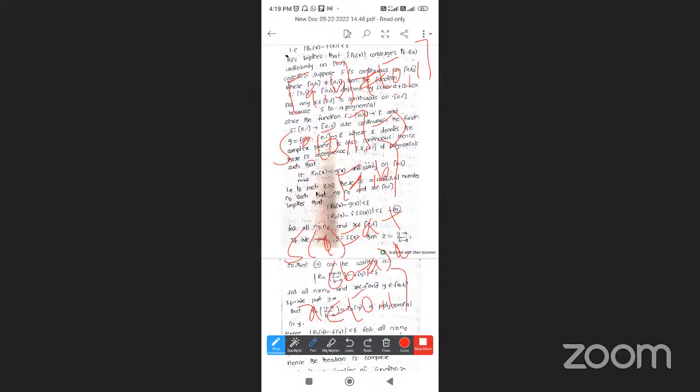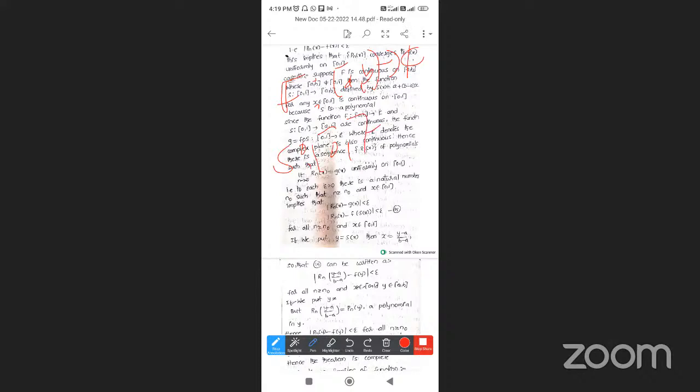Since the function f is a mapping from the closed interval [a, b] to C, and s is a mapping from [0, 1] to [a, b], the function g is equal to f composed with s. This is a mapping from [0, 1] to C, where C denotes the complex plane, and it is also continuous.